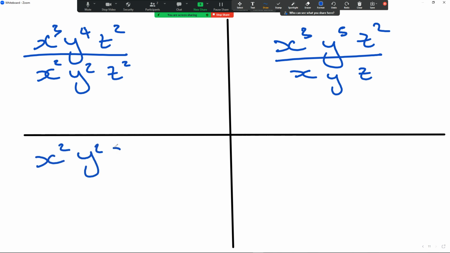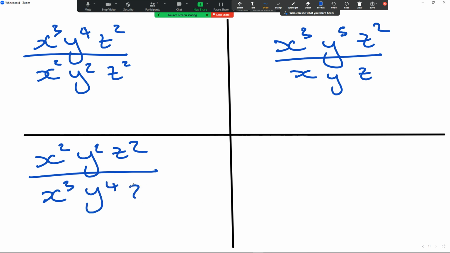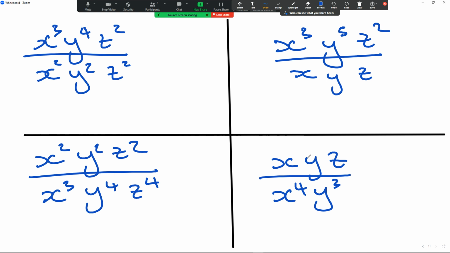X squared, y squared, z squared over x to the power 3, y to the power 4, z to the power of 4. I've got x, y, z. I've got x to the power of 4, y to the power of 3. Let's make this 1, 2. Maybe let's make that 3. And z to the power of 5.